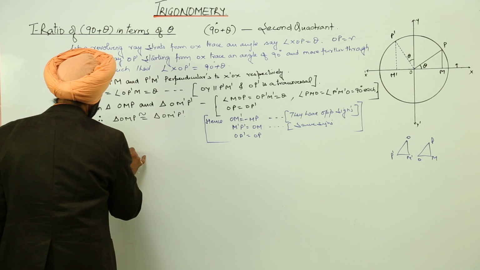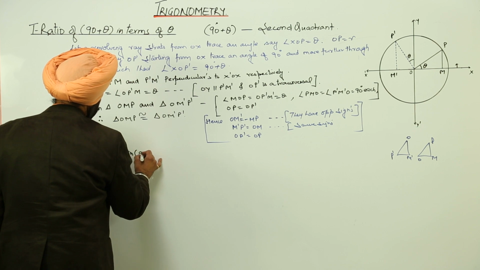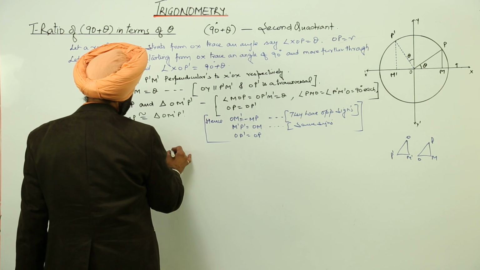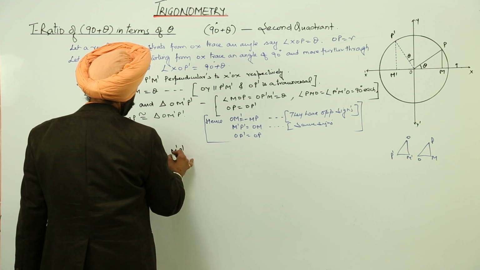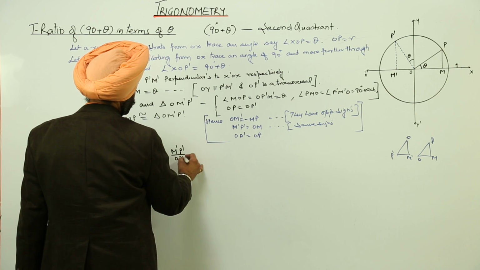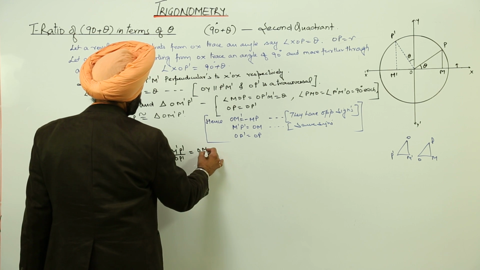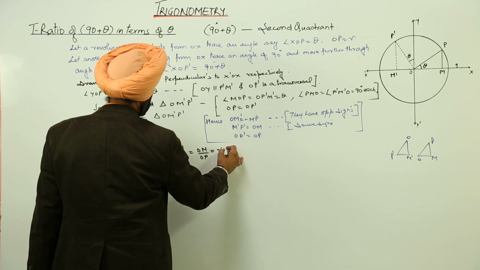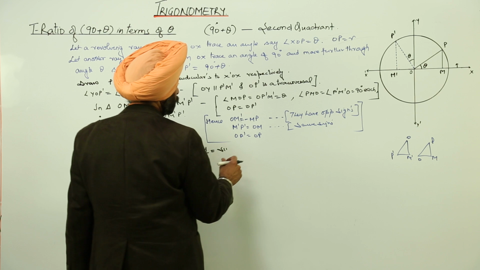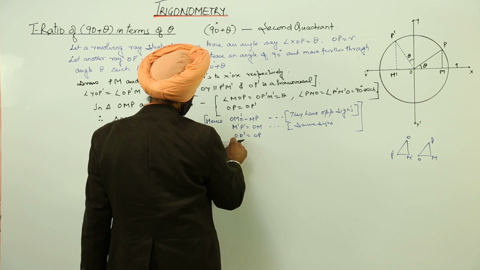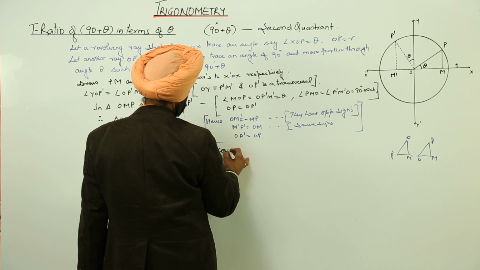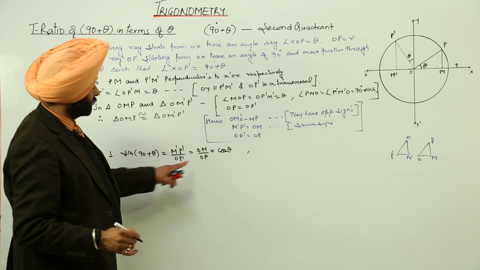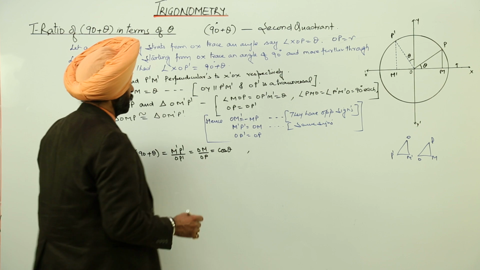Okay. Now number one, we have sine of 90 degrees plus theta. This is equal to M dash P dash upon OP dash, which is equal to OM upon OP, which is cos theta. So sine 90 plus theta is equal to cos theta.